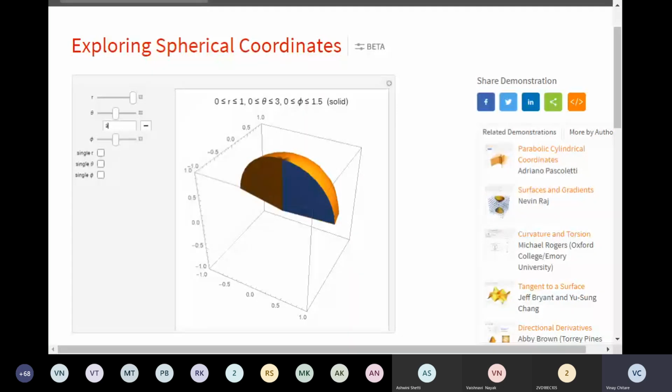In our problem they have given pi by 2, which is 1.5. You will see it divides this area again into half. Yes, it was this portion of the area.